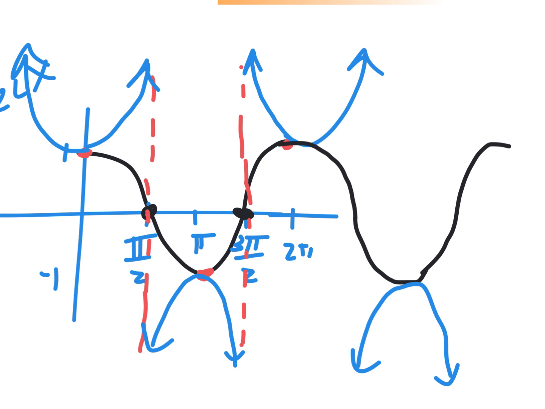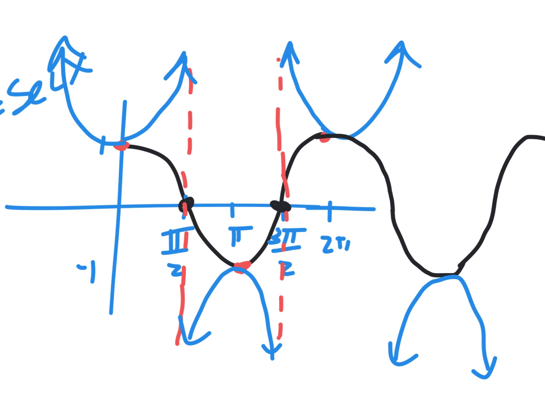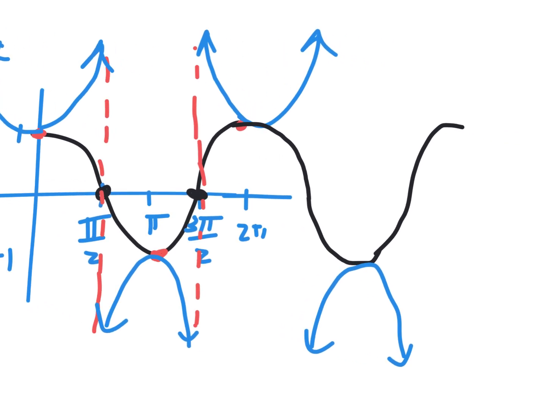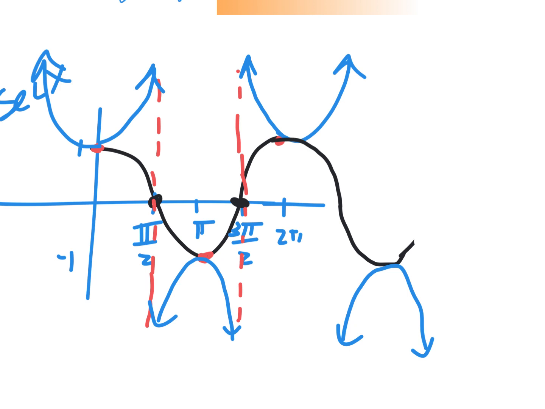So this could be, let's see, I have 2 ups and 2 downs. There, yay. Now that's 2 full periods of secant. I feel like that's wrong, but I'm double checking myself. 2 ups and 2 downs. No, that would be correct.